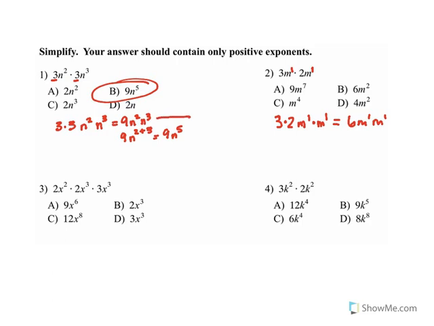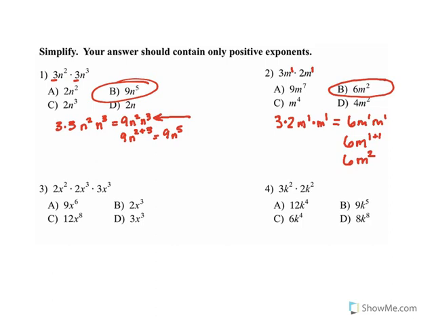And that is just like this one over here. They're right next to each other, so we add their exponents. So we have 6 times m to the 1 plus 1, which is 6m squared. So our answer would be B again.